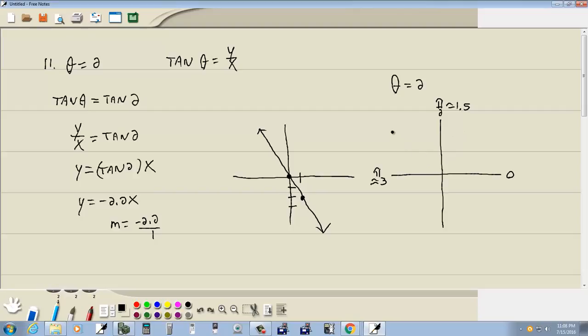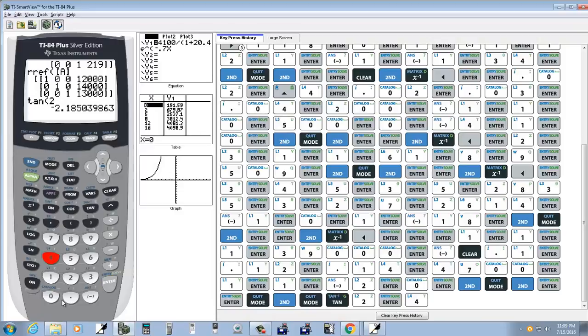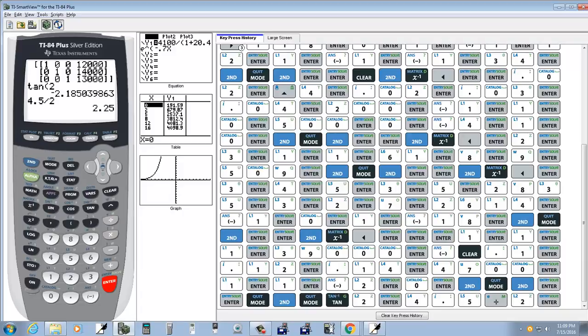Not very good with my decimals. Halfway between 1.5 and 3, 4.5 divided by 2. Obviously I stink at decimals. 4.5 divided by 2.